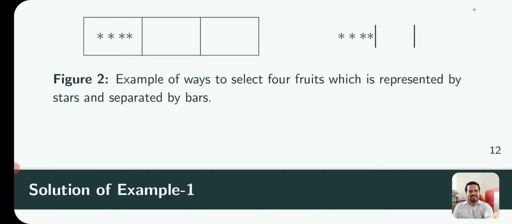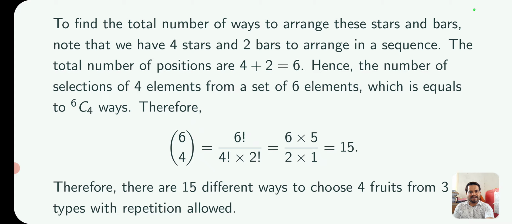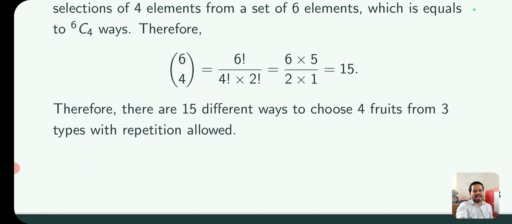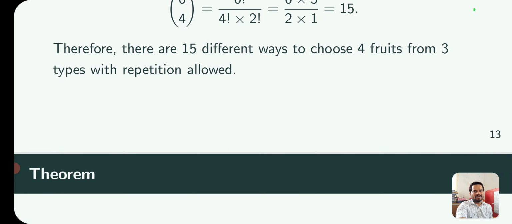So 4 stars and 2 bars. These are the 6 positions. Hence the number of selections of 4 elements from a set of 6 elements is 6C4 ways, and you can easily calculate 6C4 equals 15, and therefore there are 15 different ways to choose the 4 fruits from 3 types when repetition is allowed.